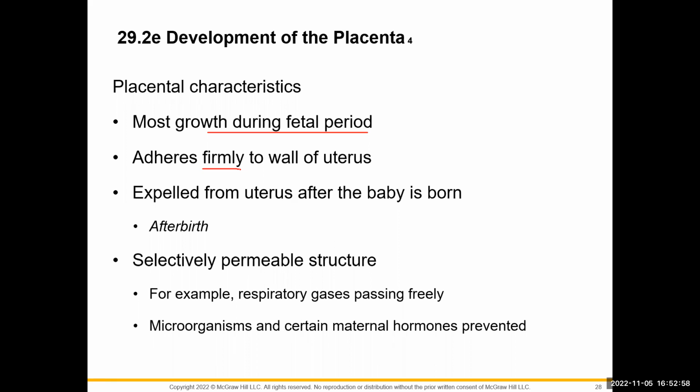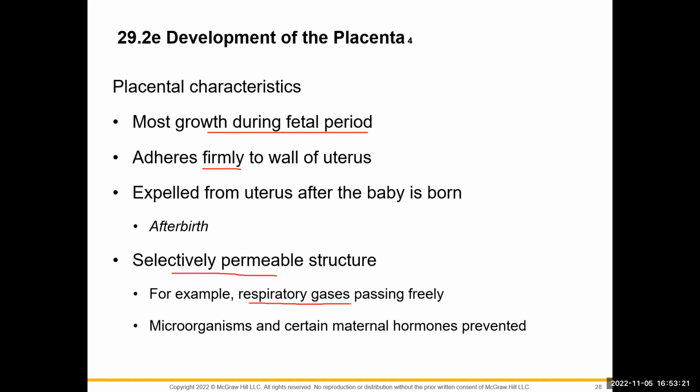We still have to remove the placenta from the uterus. The uterus will contract and expel the placenta, and we refer to that as the afterbirth. Keep in mind, like I said before, this structure is selectively permeable, specifically for respiratory gas exchange.